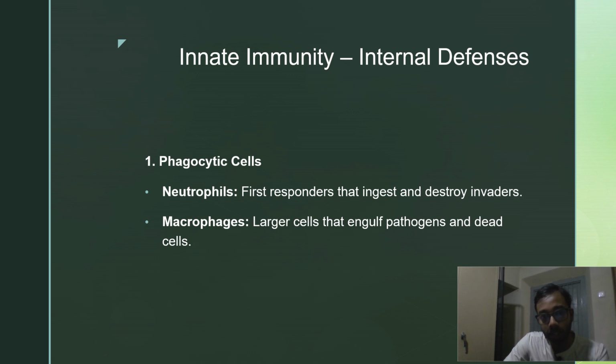Neutrophils act as first responders that ingest and destroy invaders such as bacteria that breach the first line defenses. Then there are macrophages. They are a little bit larger cells that engulf pathogens and also some dead cells.